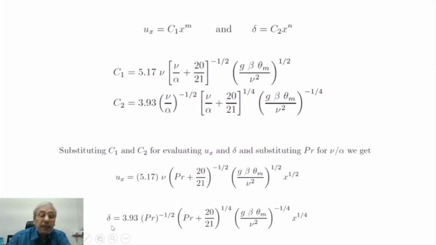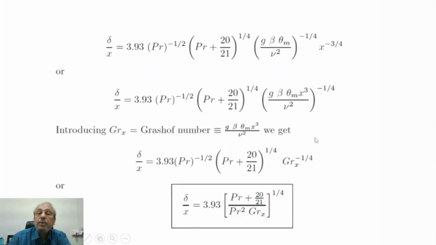If we try to obtain delta by x, then these terms will remain the same. x will go as the denominator on the left hand side, and this x power will be minus 3 by 4.